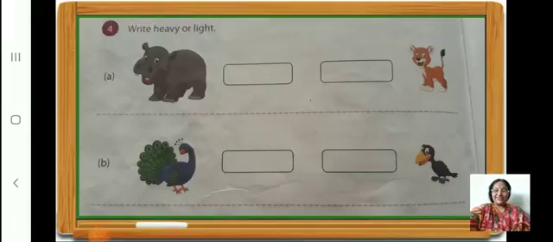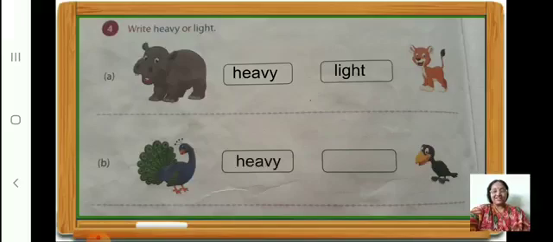Children, here we have to write heavy or light. Children, observe the pictures properly. Yes, in question A, on the left hand side you have a hippo and on the right hand side a cub. So hippo is heavy, so let us write heavy. Cub is light, so let us write light. And in question B, we have a peacock on the left hand side and a crow on the right hand side. So children, peacock is heavy, so let us write heavy.